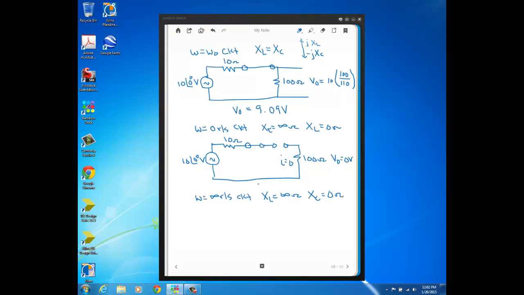So now the inductor would be an open and the capacitor would be a short, but it doesn't matter as far as the voltage at the output's concerned, because wherever the open is, it's going to cause no current to flow through the 100 ohm resistor, and therefore make the output voltage equal to 0. And you would get the same answer from the frequency response equation.